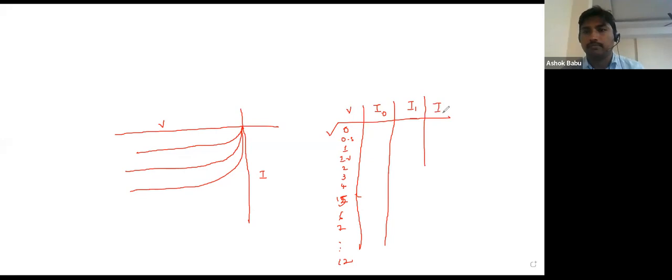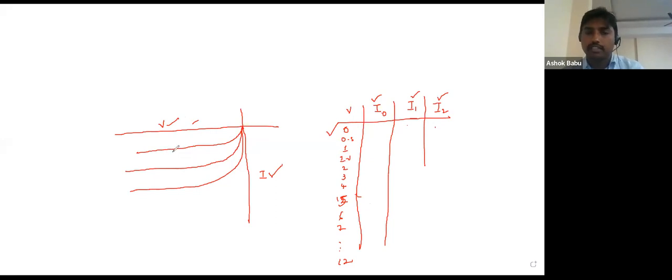That is I0 first intensity, I1 the second intensity, and I2 the third intensity. So for the same potential, using the potentiometer, observe the current values for the 3 different intensities and note them down in tabular form. After that, plot the graph by taking voltage on the negative x-axis and current on the negative y-axis.